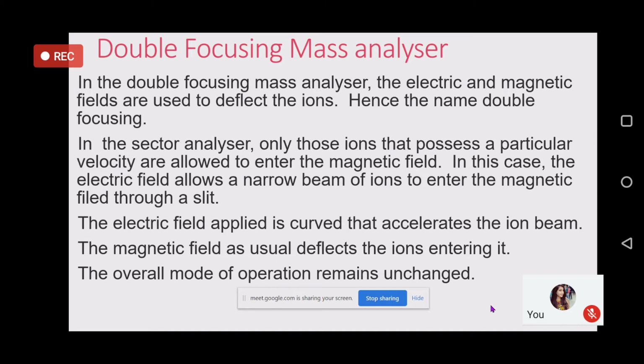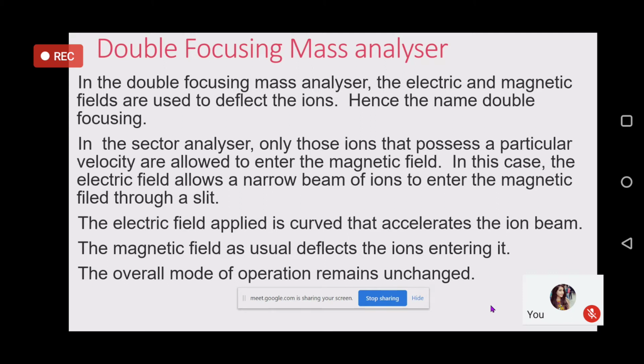But that may not be the case if the ion source is somewhere else and the charged fragments produced are brought into an electric field which will accelerate them and impart energy to them. In that case, you may have different mass fragments having the same m by z value, but having different velocity.